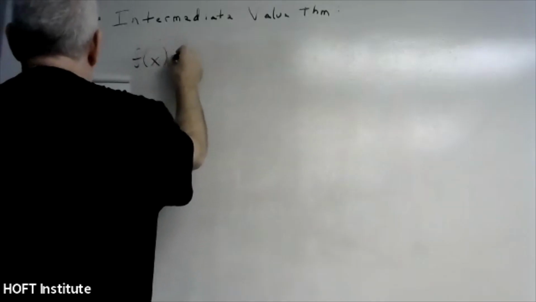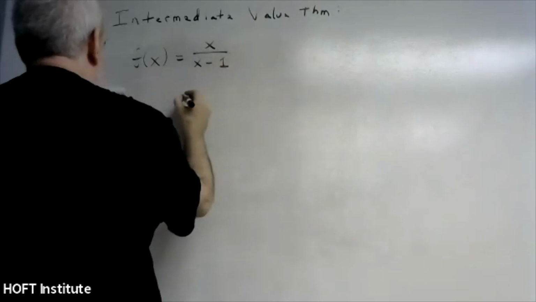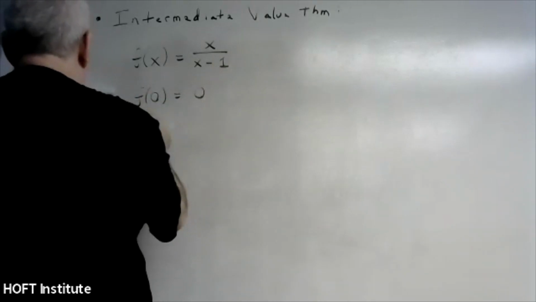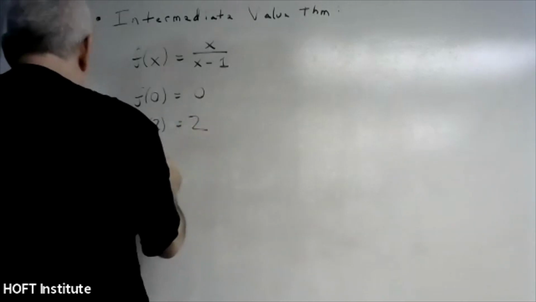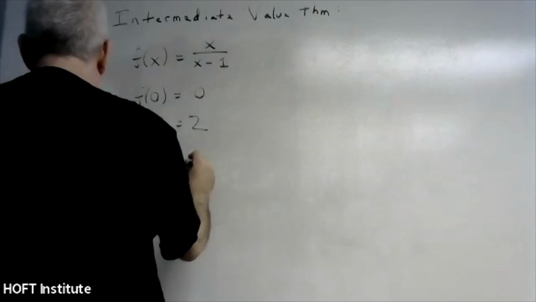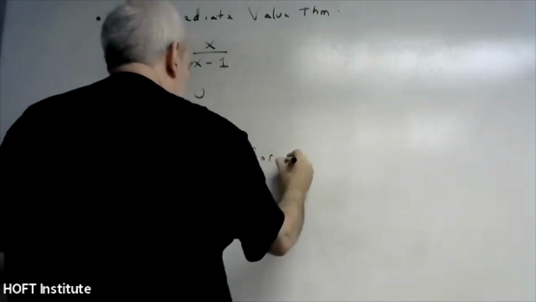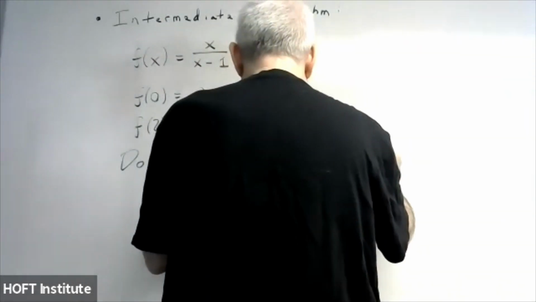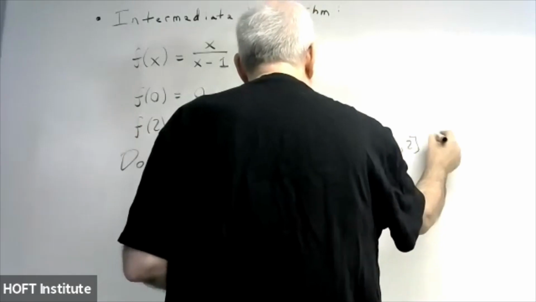Another example. What if you had the function f of x equals x over x minus 1? Note that f of 0 is equal to 0 and f of 2 is equal to 2. Does f of x equal 1 for some x on the interval 0 to 2?